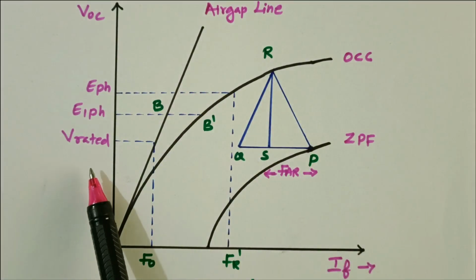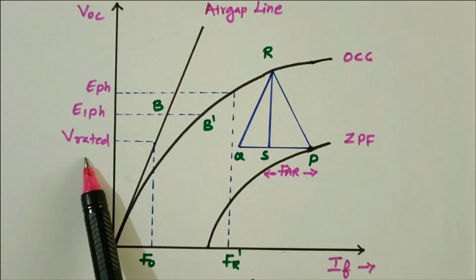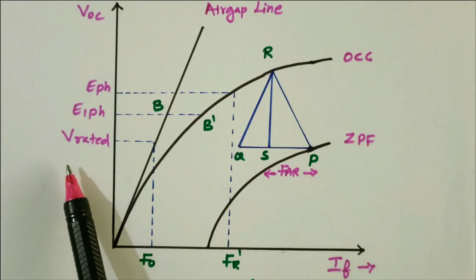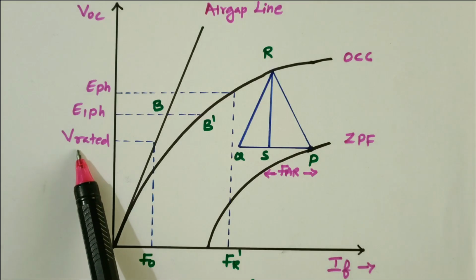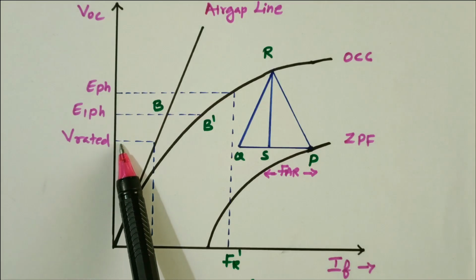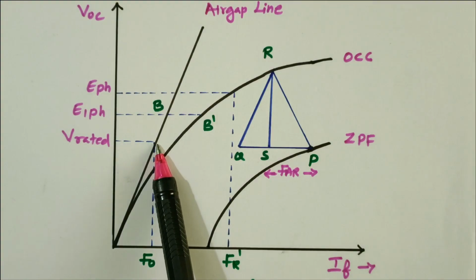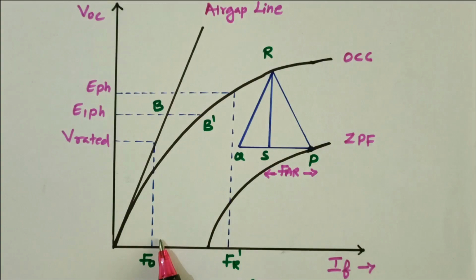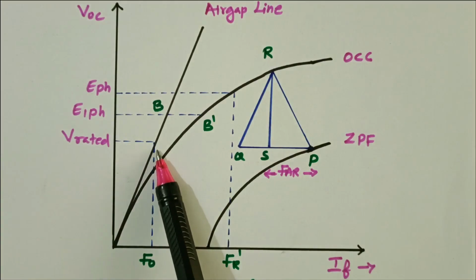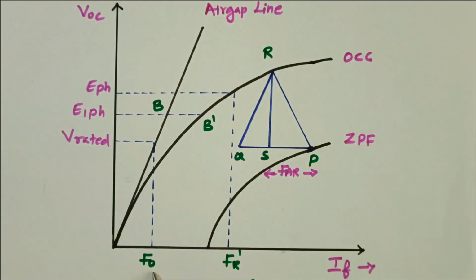The next step, we have to find the rated voltage by using the formula; we'll see the detailed procedure. From the rated voltage, draw the horizontal line. Where it cuts the air gap line, drop the perpendicular line. Where it cuts the x-axis, that will give the F0.